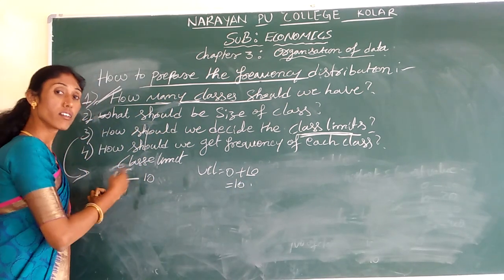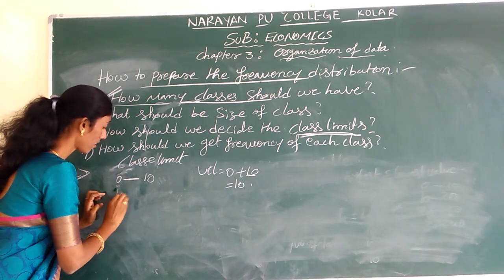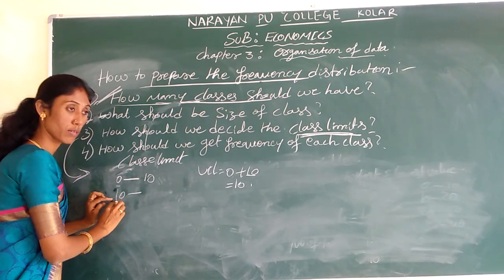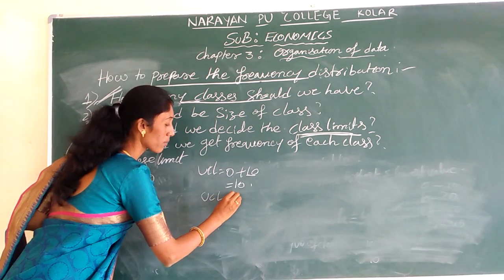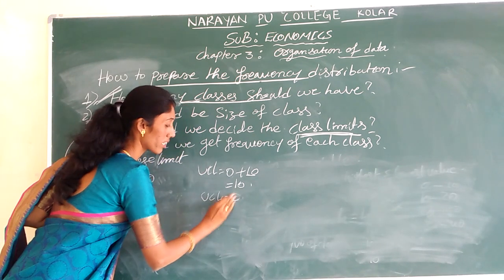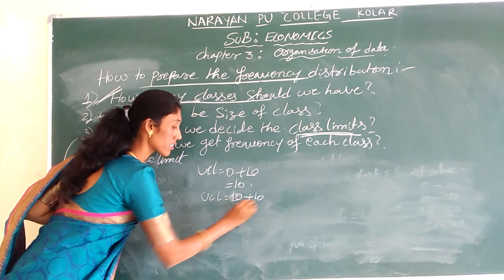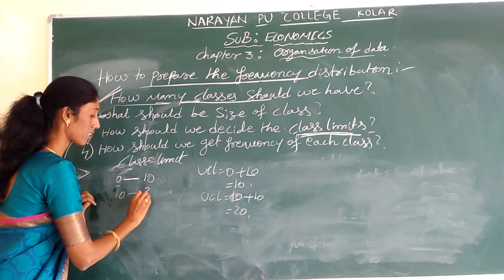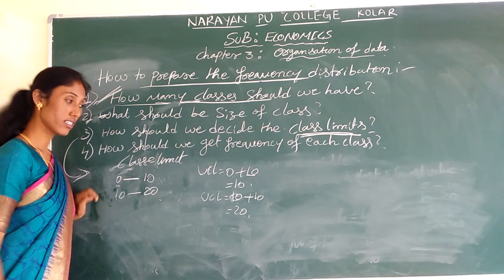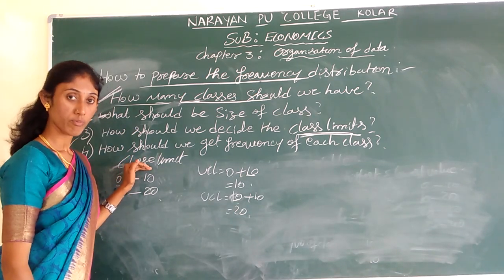Then we move to the next class. Now the lower class limit is 10, and the class interval size is 10. 10 plus 10 is 20. Then here we get the upper class limit as 20. In this way, we are going to decide the class limits.